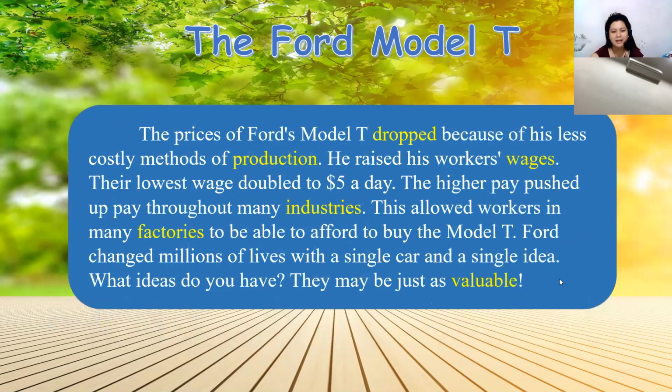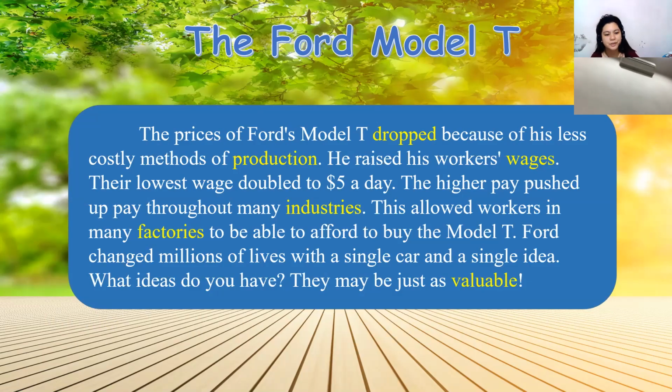Now, the prices of Ford's Model T dropped because of his less costly methods of production. He raised his workers' wages. Their lowest wage doubled to $5 a day. The higher pay pushed up pay throughout many industries.